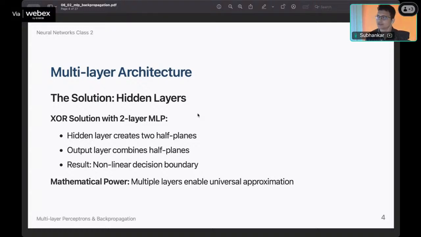So the solution is to use hidden layers. The hidden layer basically creates two half planes. Let's say we take a two-layer MLP. The hidden layer will create two half planes, and the output layer combines these half planes, and eventually we get a non-linear decision boundary. Yeah.